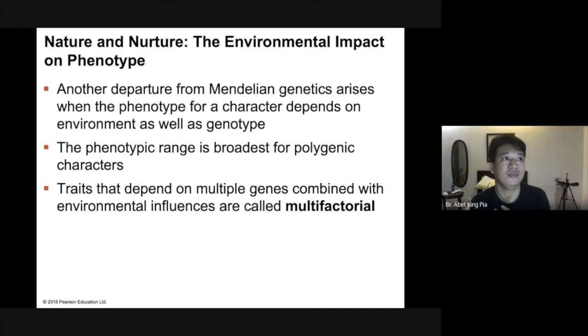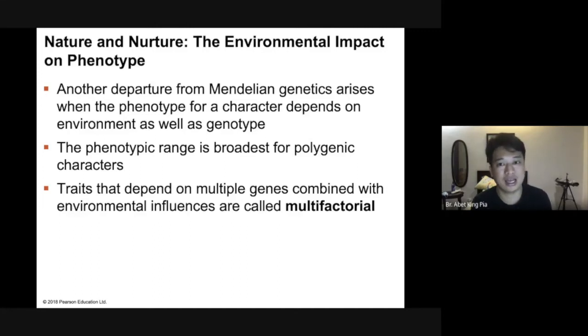Definitely, kung lagi ka nasa ilalim ng init ng araw, you will produce more melanin para magkaroon ka ng more protection in your skin. And in the formation process of melanin, definitely magkakaroon ka ng mas maitim na skin complexion. Kaya environmentally, yung factor ng environment cannot be removed from that.